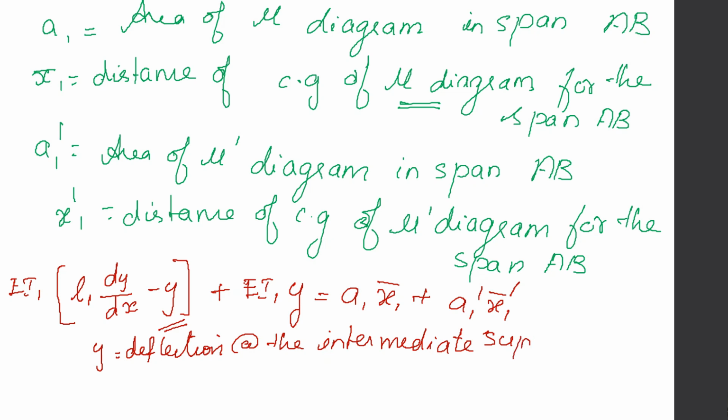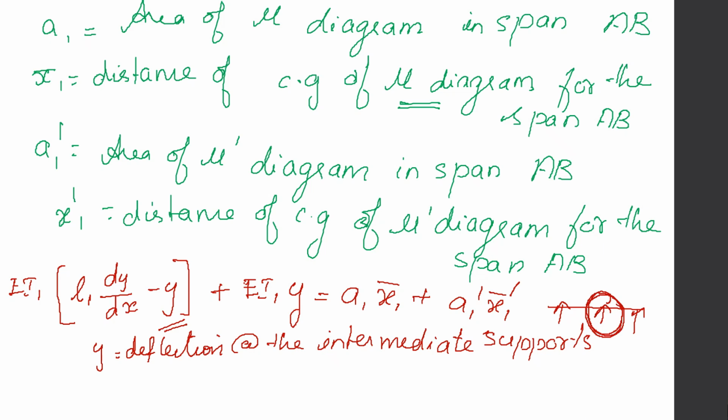See, the reason is this Clapeyron's theorem of three moments is applicable only for a two-span continuous beam. So this y, the deflection, is always considered at the intermediate support or the central support.